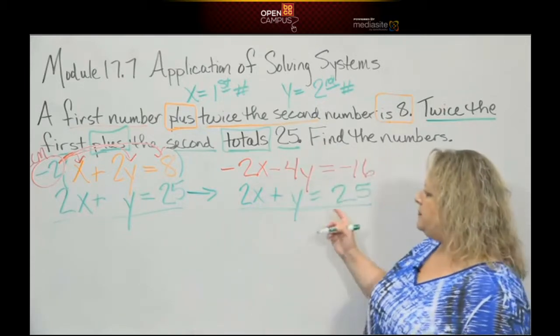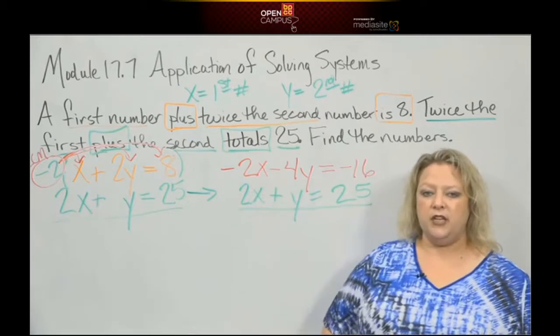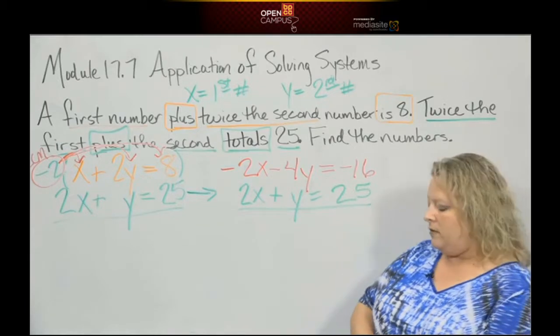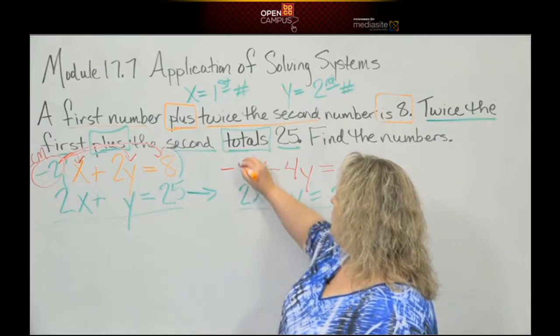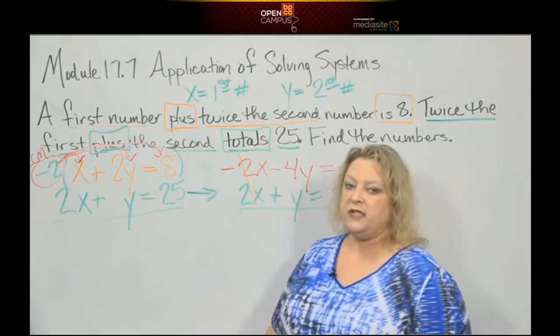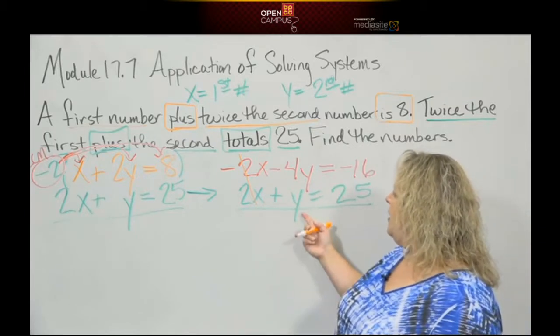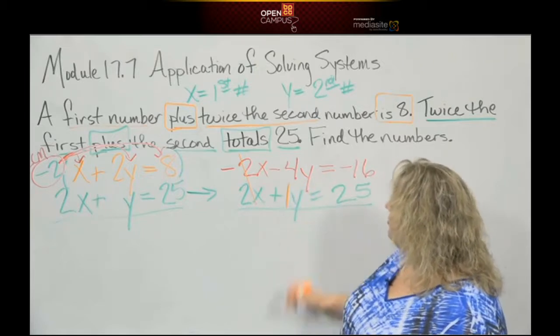So now, look at what I have. My x's are going to eliminate each other. That was the whole point in what I wanted to do, okay? I have a negative 2x and a positive 2x. When I add those together, I get 0, which is exactly what I'm looking for. I have a negative 4y and a positive 1y, because that's my understood one right there.